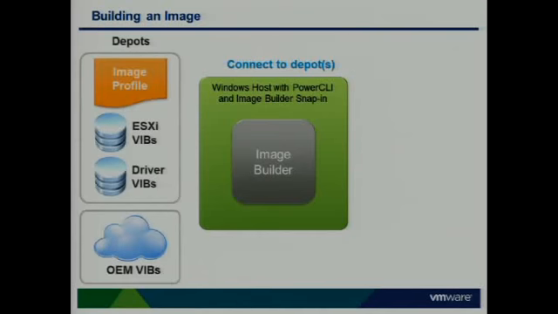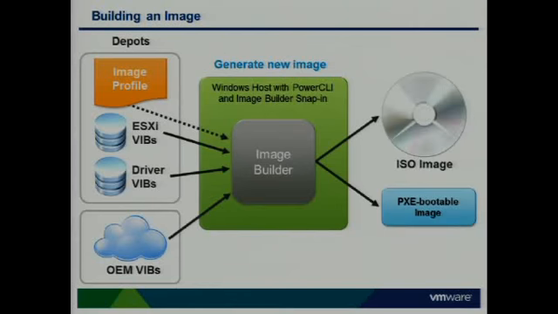So we then take our software depots, which I was talking about, and that's just a collection of VIBs, so ESXi VIBs, driver VIBs, third-party, OEM VIBs. And using the Image Builder commandlets, we create an image profile, and we generate this new ISO, or this new offline PXE bootable image, which is the software depot bit.